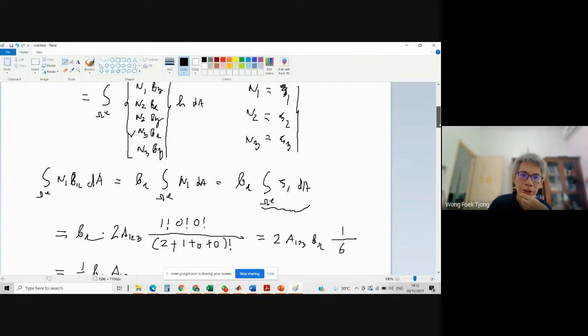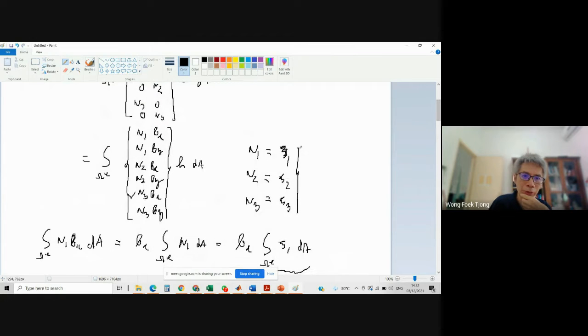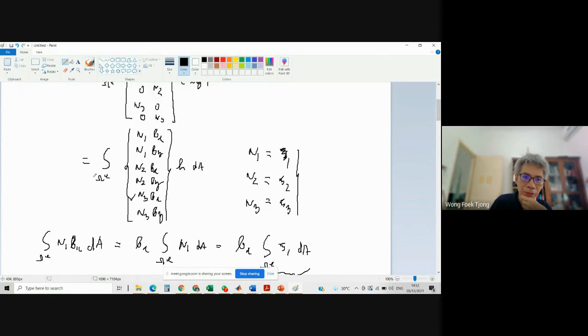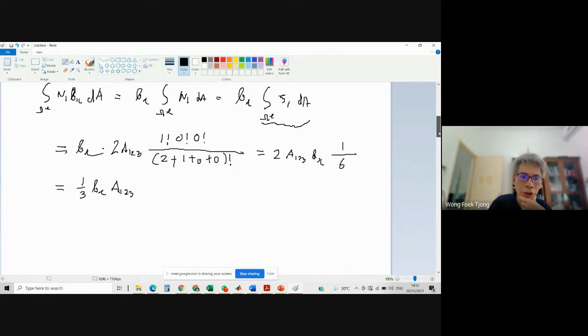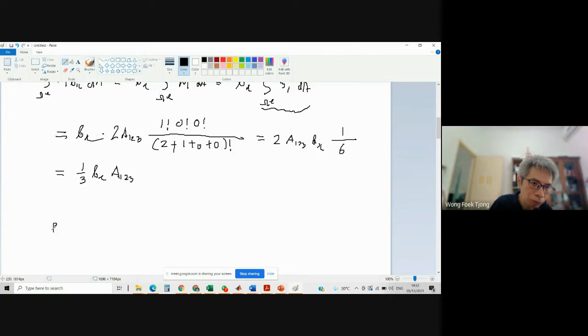In other words, we see that the result for the first row, the equivalent force for the first row, is 1/3 Bx A, times the thickness, right?